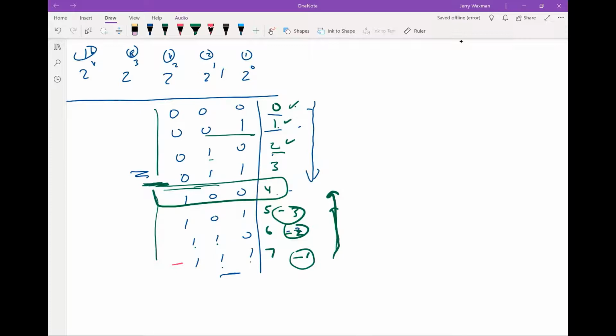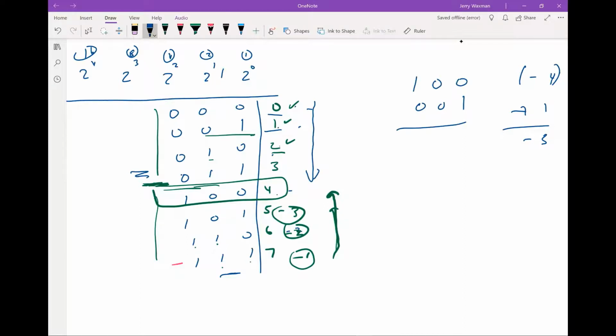What about if this 1, 0, 0 were a -4? Just maybe it's a -4. Well, if it's a -4 and I added a 1 to it, I should get a -3, right? So let's add a 1 to it. A 1 is a 0, 0, 1.